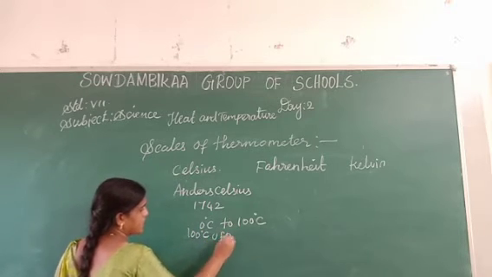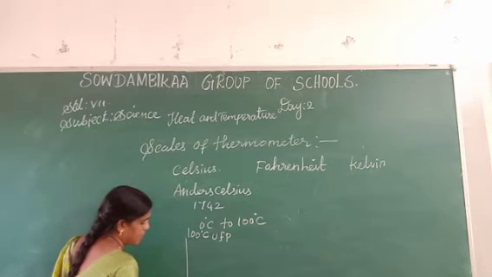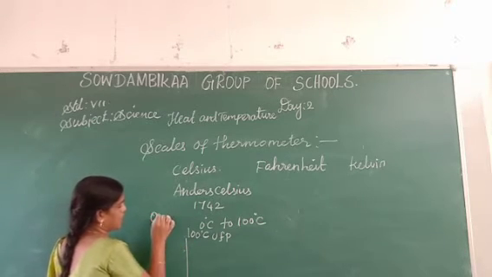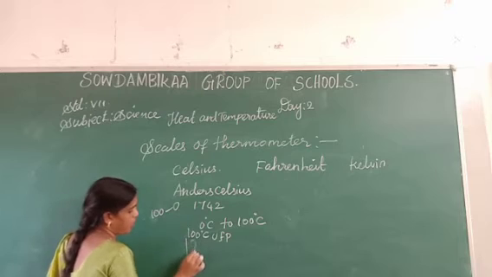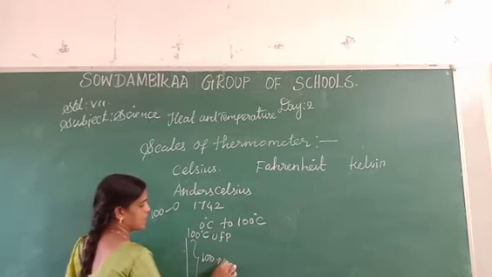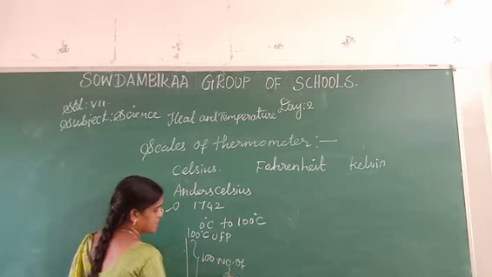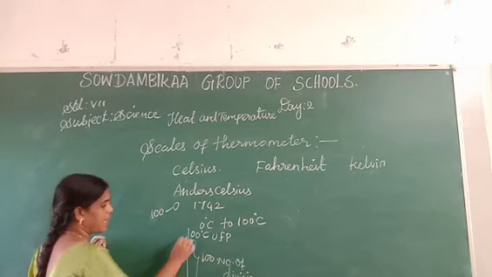In between, how many divisions are there? Subtract these two: upper limit minus lower limit, 100 minus 0 is 100. So the number of divisions is 100.